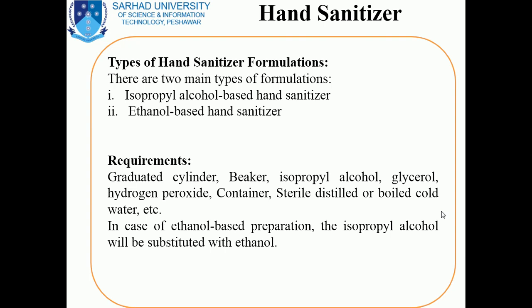The rest of ingredients are same, only we have to take isopropyl alcohol, that is IPA, if we are interested to prepare IPA based or isopropyl alcohol based hand sanitizer. In case of ethanol based hand sanitizer formulation, we will take ethanol instead of the IPA.